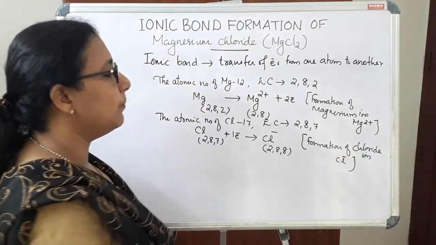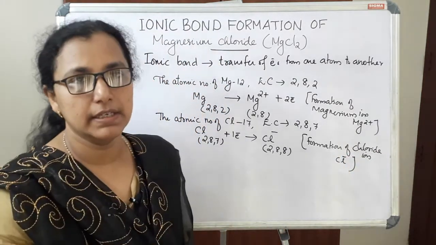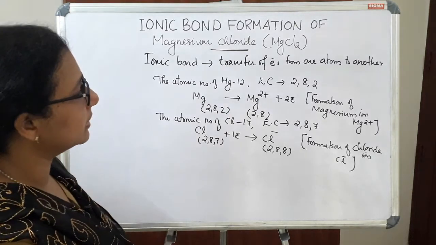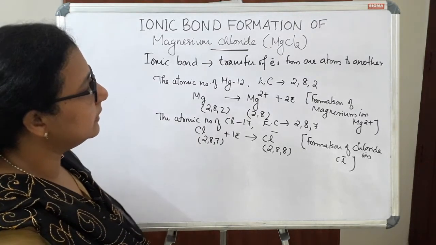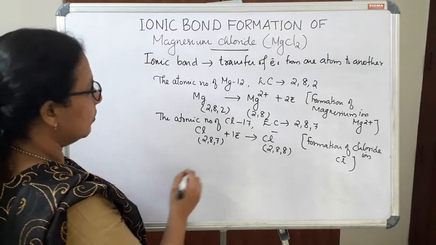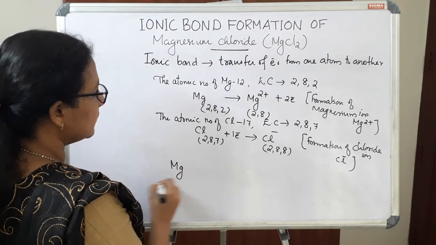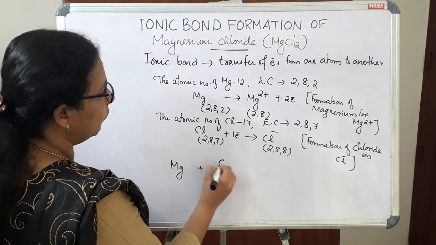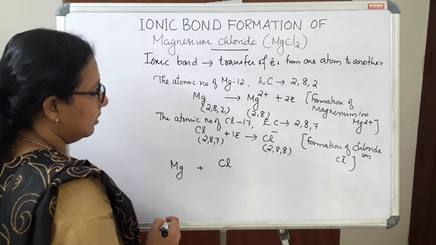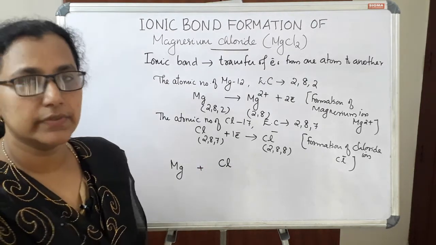So Mg2+ and Cl- are formed in the case of magnesium chloride. Here we have to show the electron transfer. How does the electron transfer take place when magnesium reacts with chlorine?